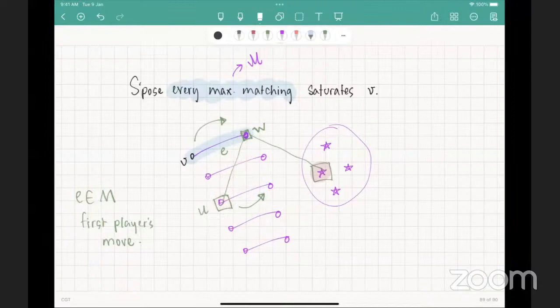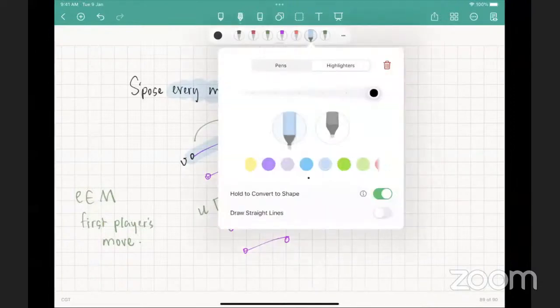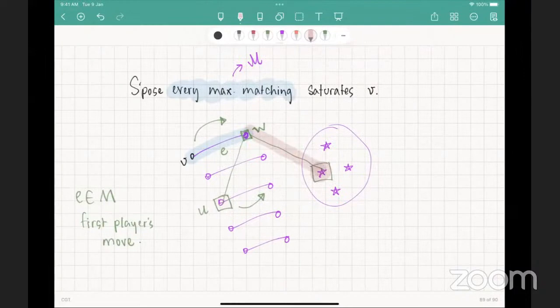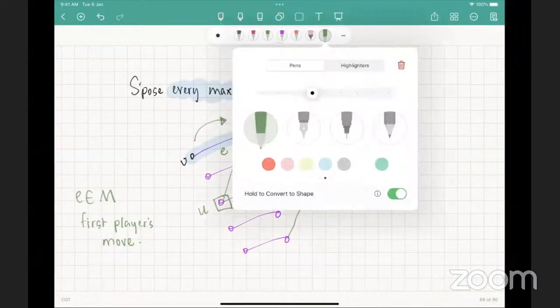the second player's move takes you out to an unsaturated vertex, right? In this case, this can get a little tricky for the first player because, well, the next move will indeed bring you back to the matching, because, like we argued a moment ago, you cannot have edges between two unsaturated vertices in the graph, because then that would contradict our assumption that the purple edges here form a maximum matching.